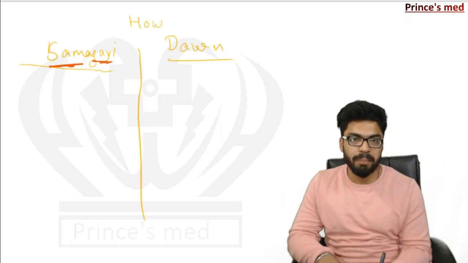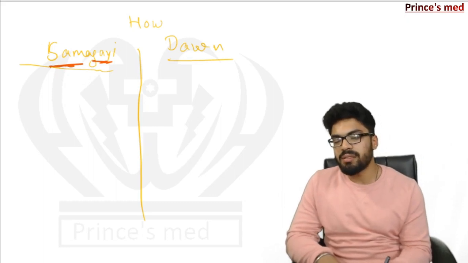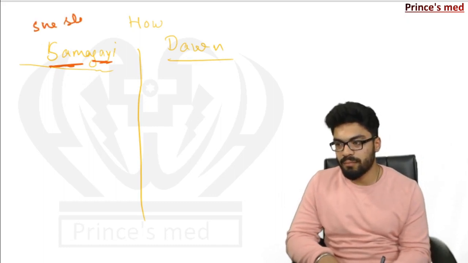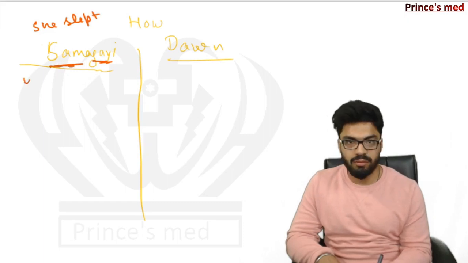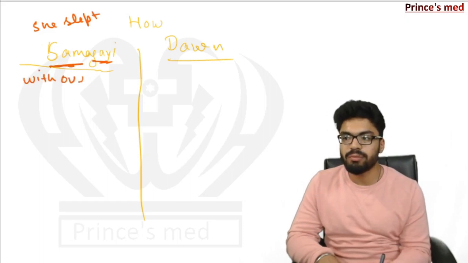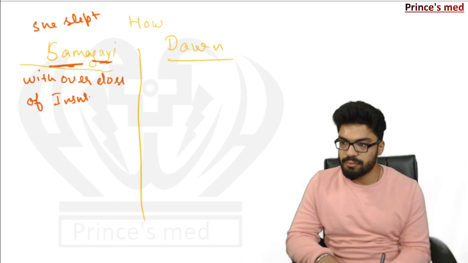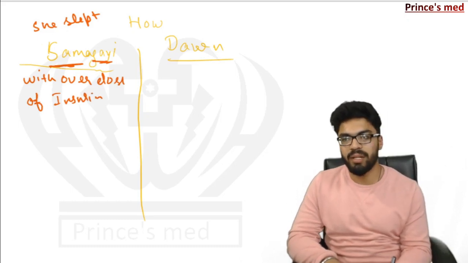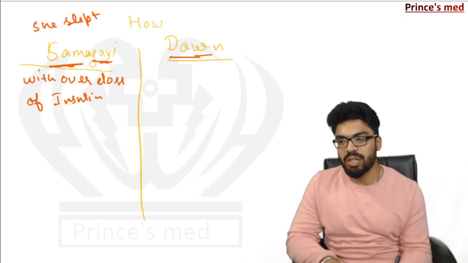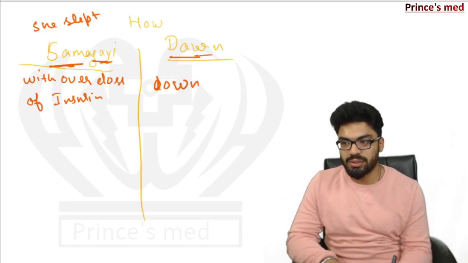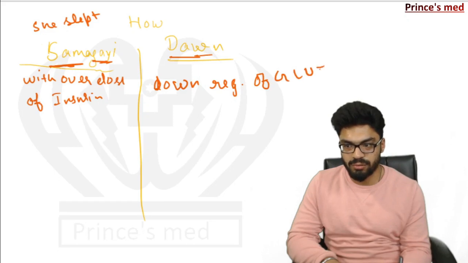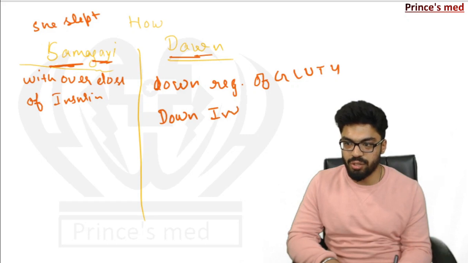Samgai in Punjabi in India, Samgai means she slept with overdose of insulin. This is an easy trick to remember. And down sounds like down regulation of GLUT4 or down insulin means less production of insulin.